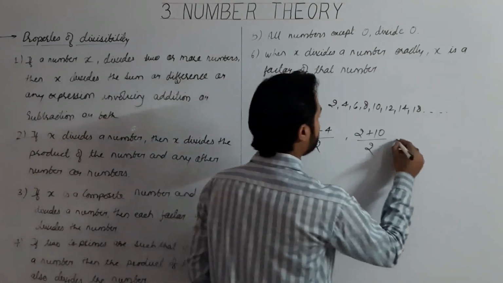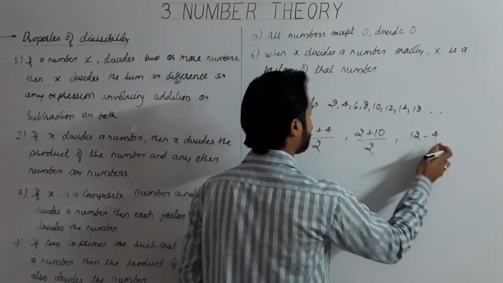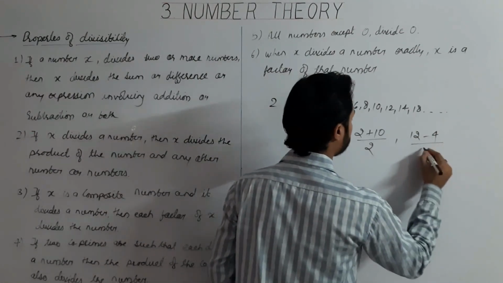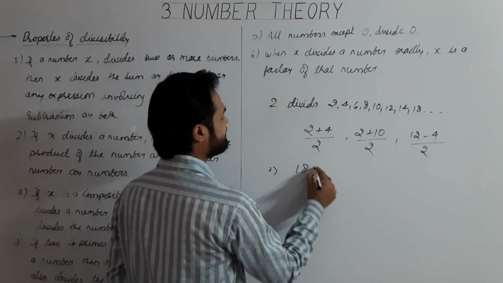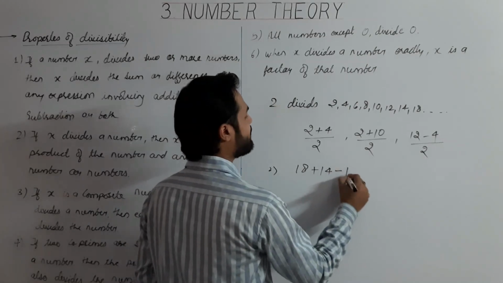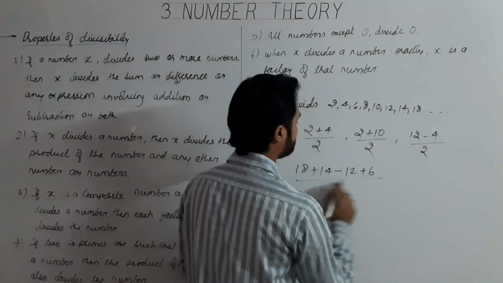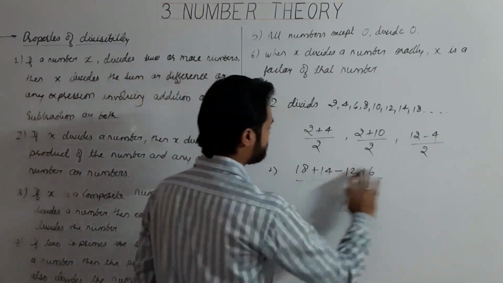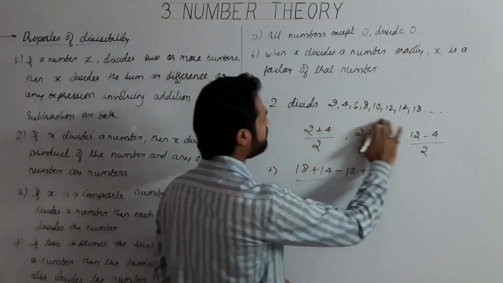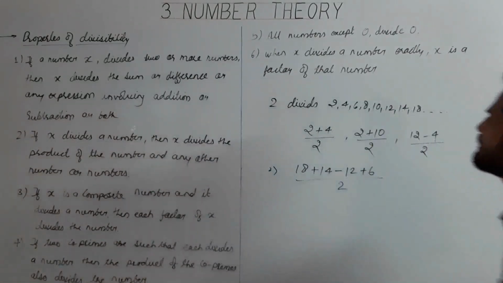Also, say 12 minus 4 is also divisible by 2. Or if we write 18 plus 14 minus 12 plus 6, all these numbers are divisible by 2. So this expression involving all numbers will also be divisible by 2.